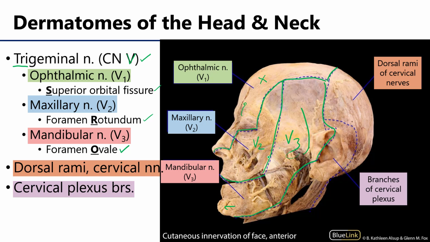Now there is a mnemonic for knowing where these divisions exit the skull, and that is standing room only. So as many times as we can hear that will be helpful.